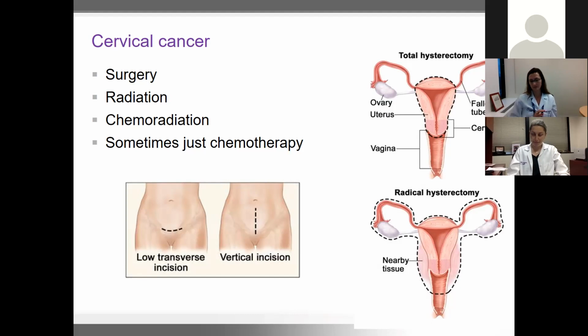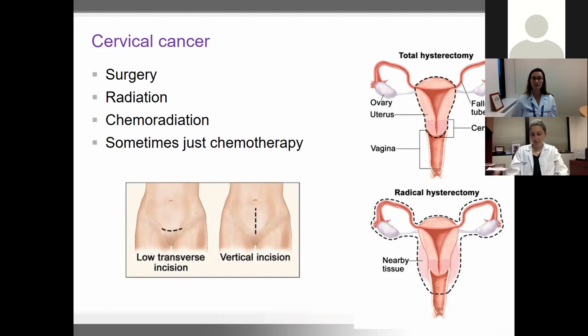If your doctor determines that surgery is the right answer and you have surgery, there's still a chance you would need radiation or a combination of a low-dose chemotherapy with radiation after surgery. Sometimes we say we don't think surgery is the right answer and we can cure this cancer with a combination of chemotherapy and radiation.